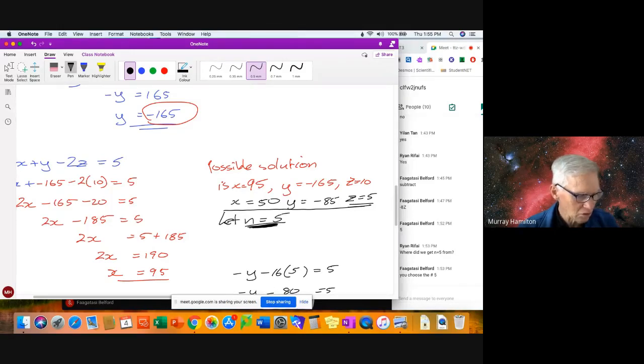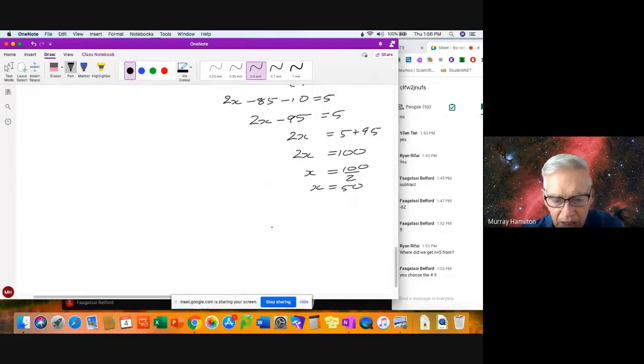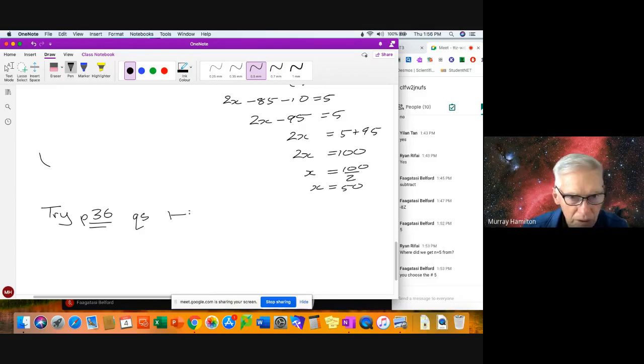So I'd like you to try page 36 and see how you get on. These are the excellence type questions and merit. There are 4 examples there, and you can get on and do that. If anyone wants to stay behind and have more things explained, you can just stay behind and try page 36.